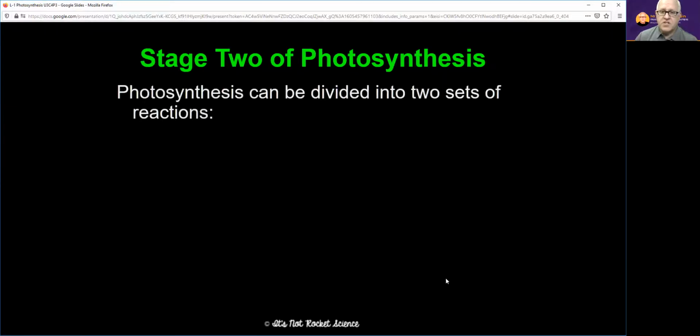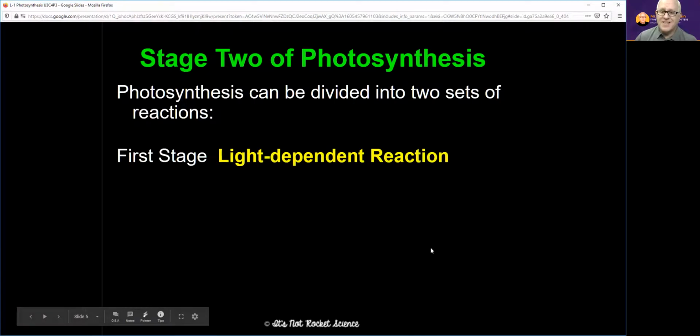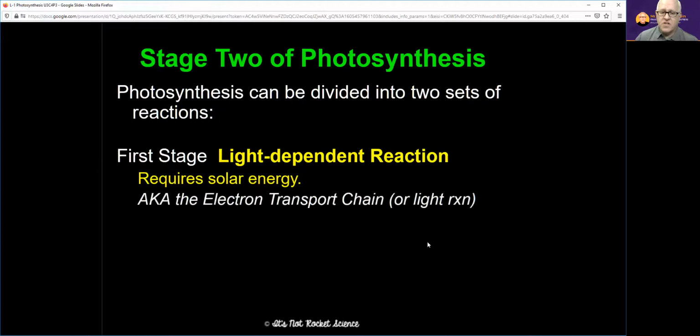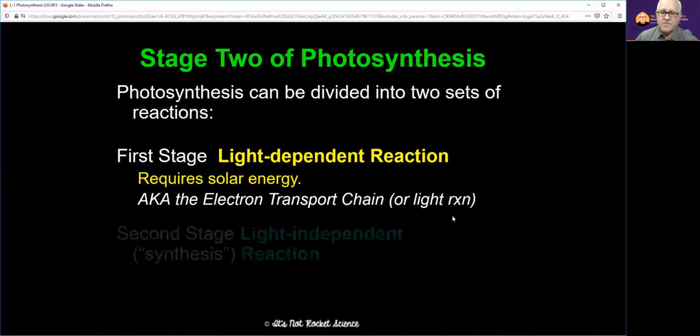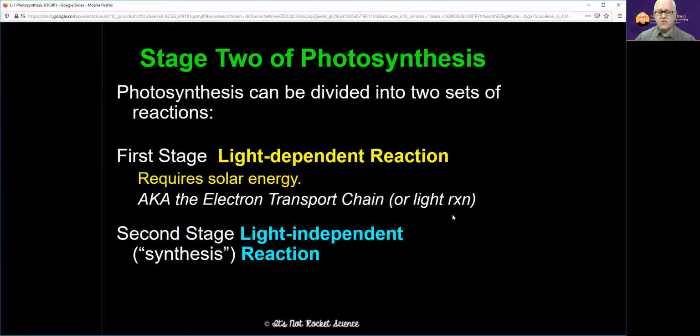We have the 2 stages of photosynthesis. We've already talked about the light-dependent reaction that requires the solar energy and the electron transport chain. It's also known as the light reaction. And now we're going to move into what we're working on in this lesson, which is the second stage of photosynthesis, the light-independent reaction, where this all gets synthesized.